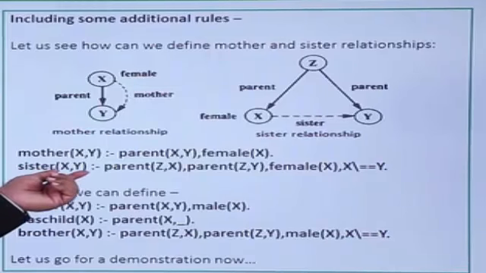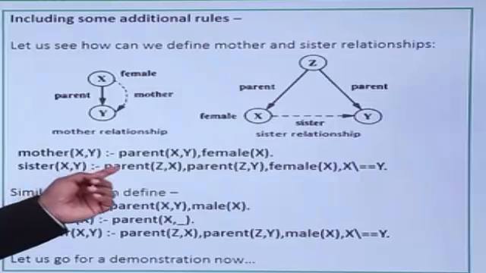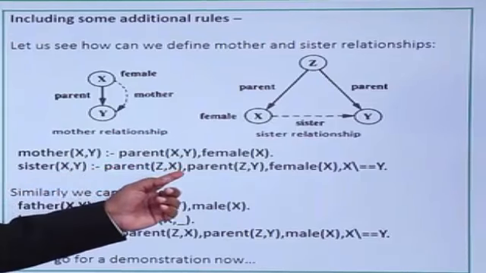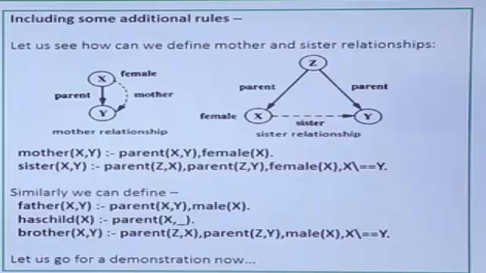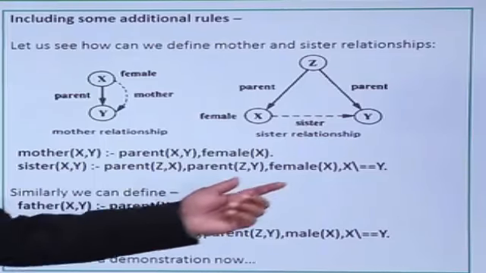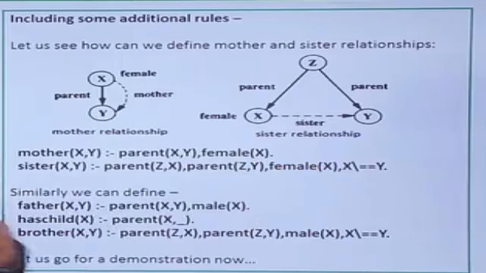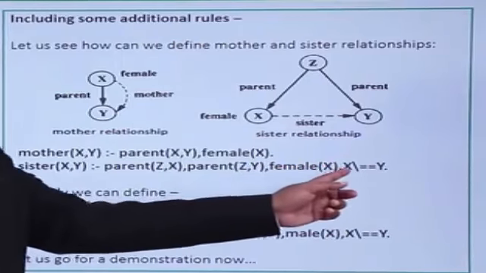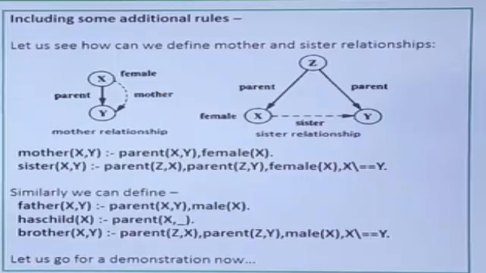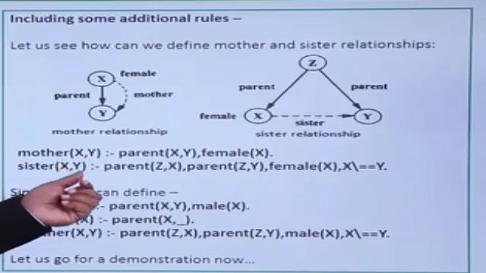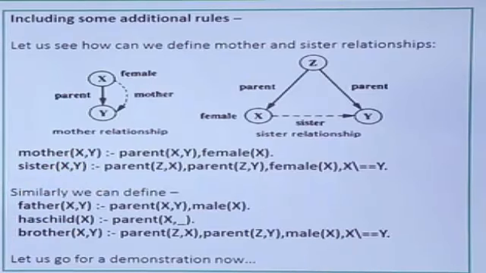Sister X, Y if parent Z, X and parent Z, Y, that means Z is the common parent for both X and Y, and female X. Last one, and X is not equal to Y. So if X is not equal to Y, X is female and X and Y both have the same parent, let it be Z, then you can say that X is a sister of Y.